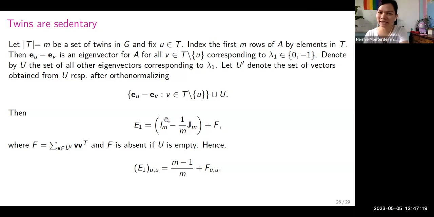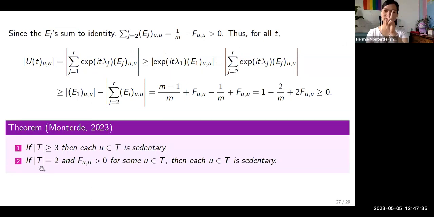So this matrix really just comes from orthonormalizing this. And when you extend this to include the vectors in U, you get this other matrix F. So what we're saying here is that if we only have 2 twins, but the UU entry of that matrix F is positive, then each U is sedentary.